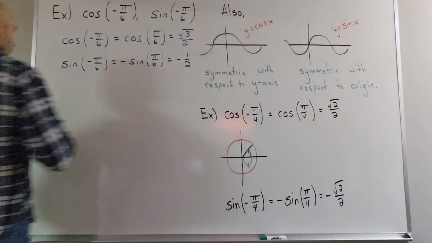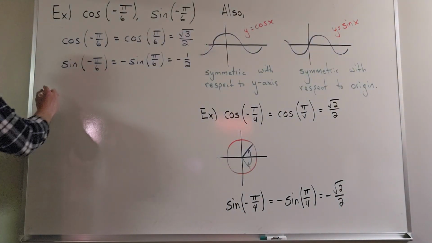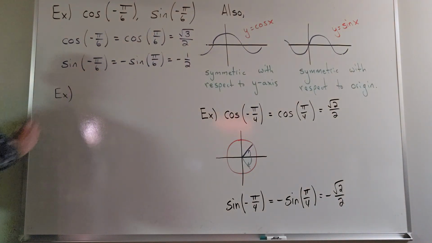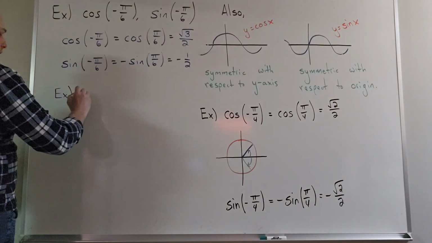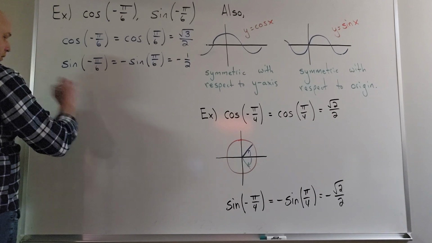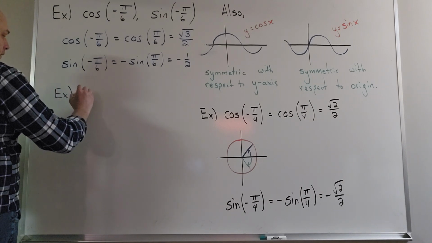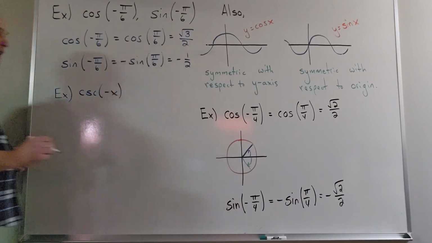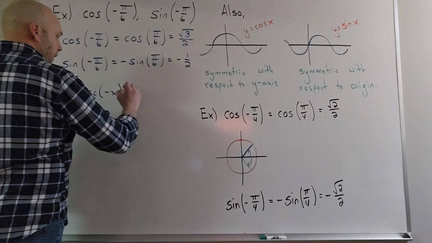Okay, let's take a look at a couple of these. Let's look at the cosecant of negative x. Let's see what that simplifies to.